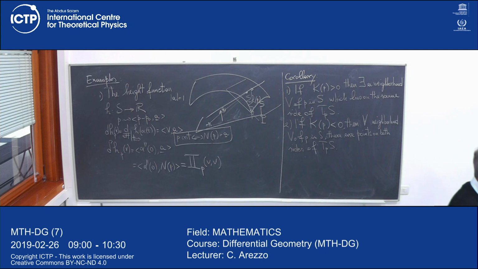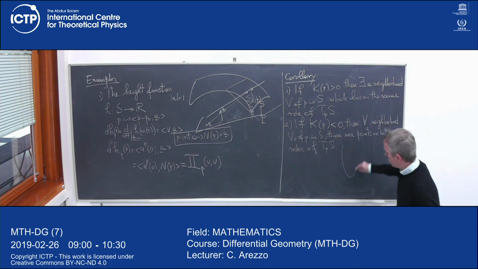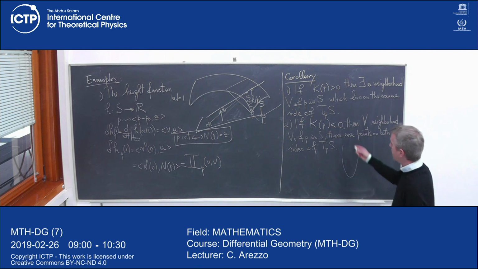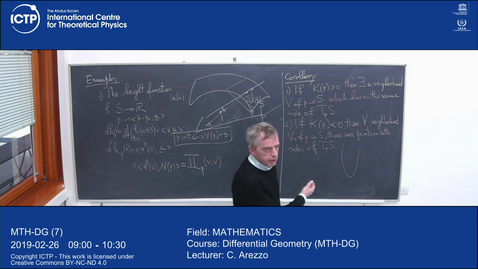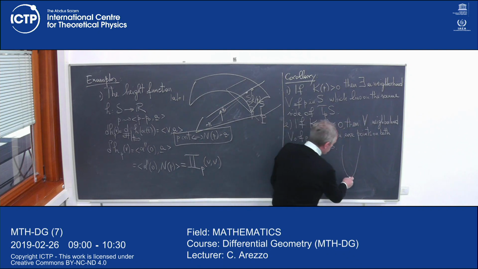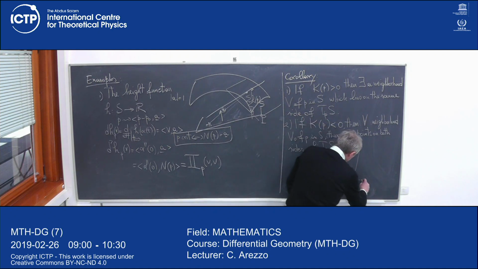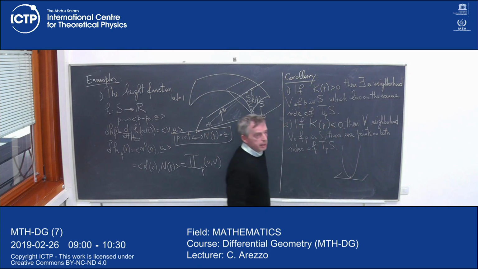Which plane? The tangent plane. There's only one plane around. Now draw a picture. Suppose you were working on your paraboloid, and I take an elliptic point. Remember, the paraboloid was made all of elliptic points; we computed the Gauss curvature, and K was positive everywhere. I take this point and look at the height function over its tangent plane, and this has to be a minimum.